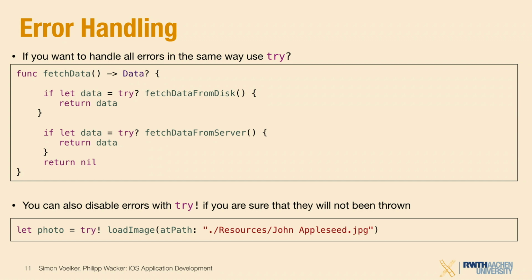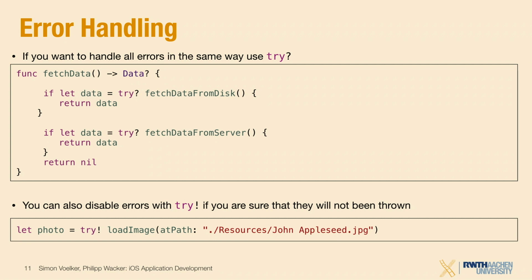What you can also do is force try something. Swift tells you, okay, you should do the question mark, but you can also say, yeah, I'm really sure that the data is there, or that the image is in my bundle, and then I'm force trying that, and you can do that with the exclamation mark at the end, similar to the other concept that we saw. However, again, if this image is not there for any reason, your application just crashes.